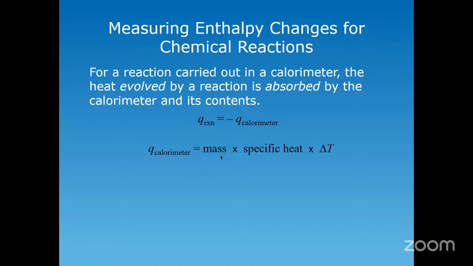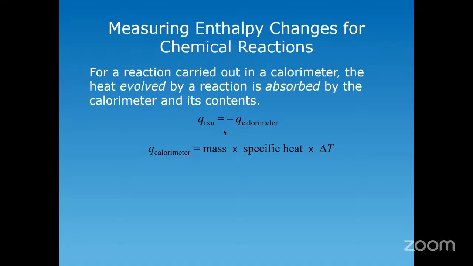If you remember, we talked about the calorimeter, which is basically what is used to measure heat flow in any process, chemical or physical. If we're dealing with a chemical reaction, then there's a relationship between the heat change of the reaction itself and the heat change experienced by the calorimeter, right? So that's the equation right here.